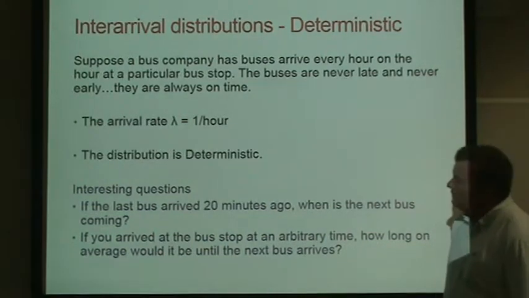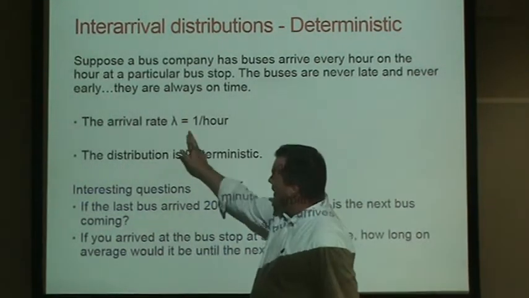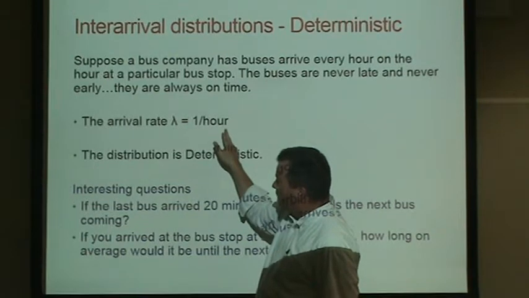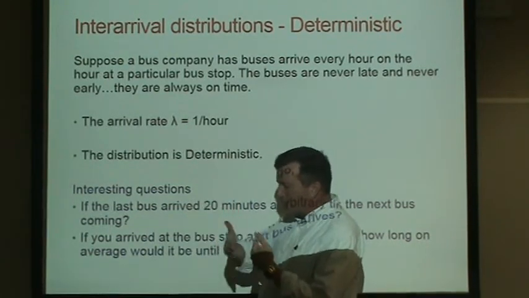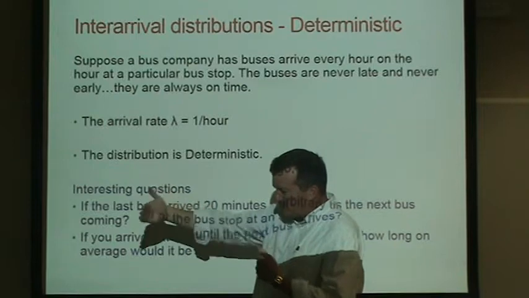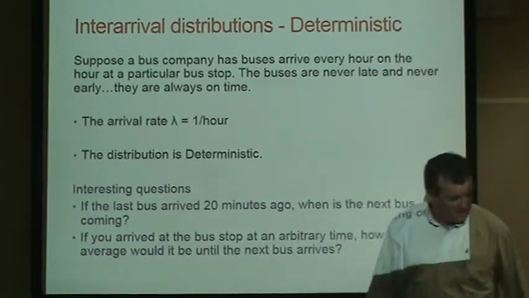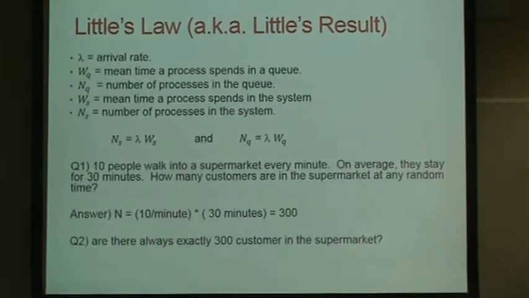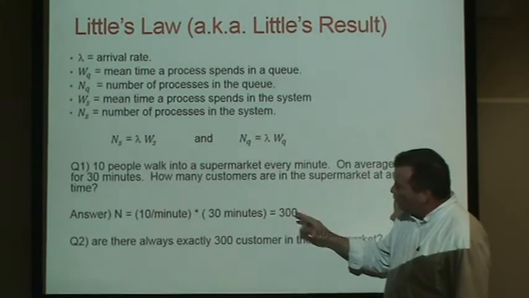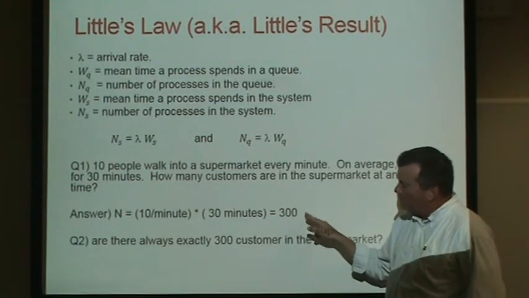Okay, so what we're saying is not only do we have a rate, 1 per hour, we also have additional information. We know that the arrivals are perfectly scheduled. And going back to the question we just had before, can we say that there's always exactly 300 people in the supermarket?